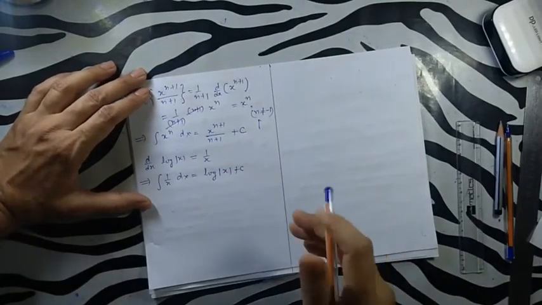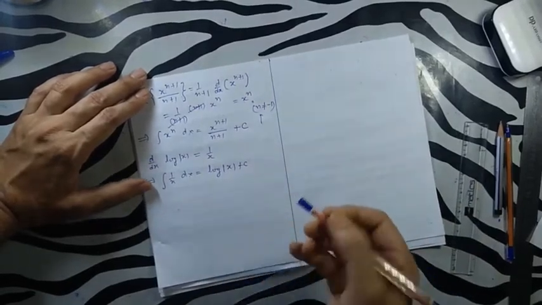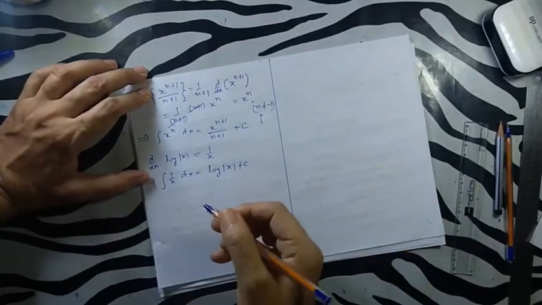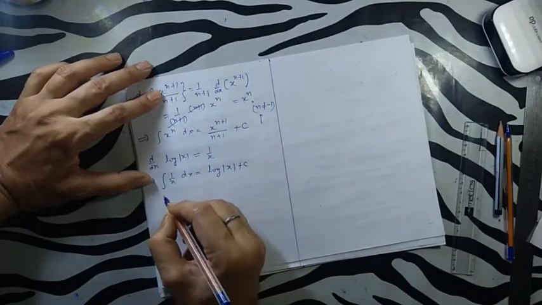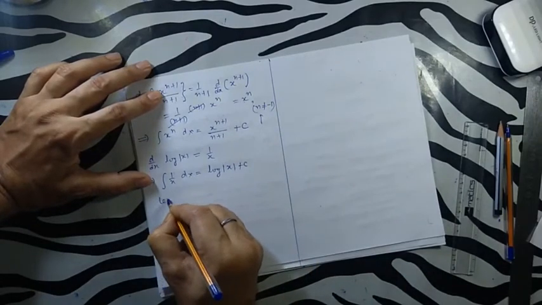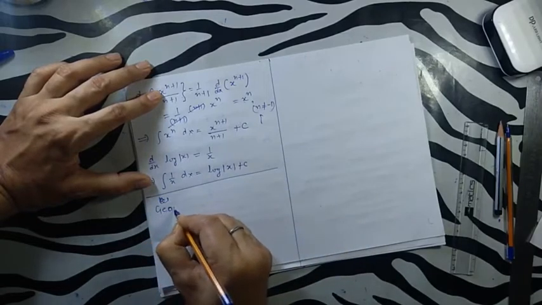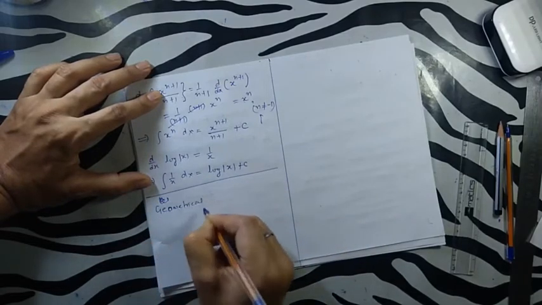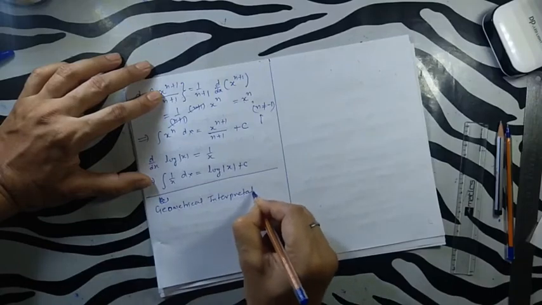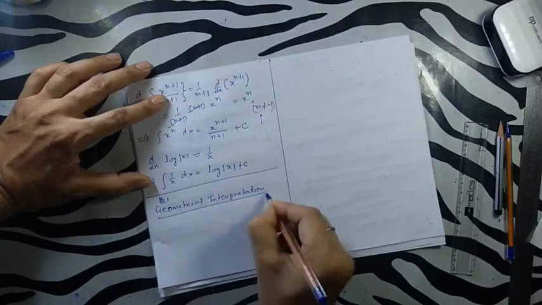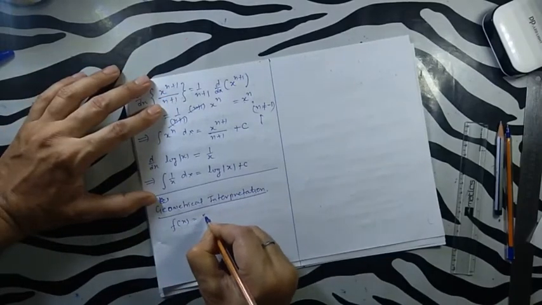Now the third point is to understand the geometrical interpretation of indefinite integration. So now let us consider the geometrical interpretation. Let us consider the function f(x) is equal to 2x.